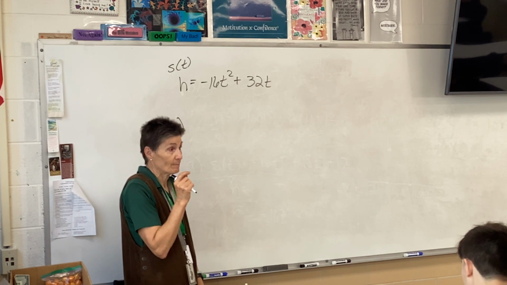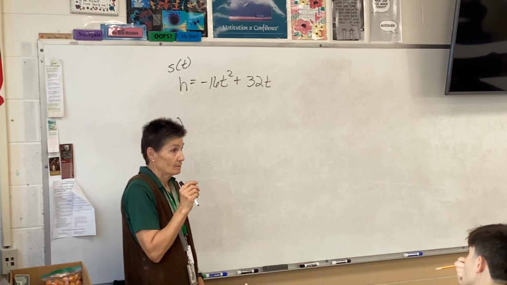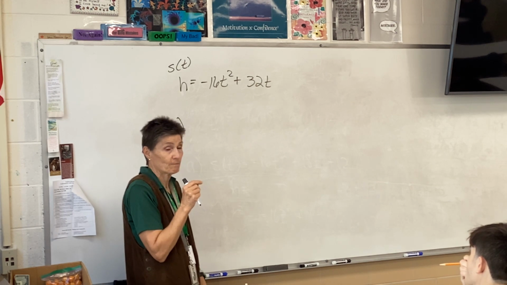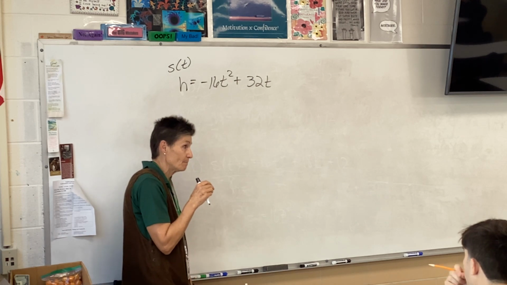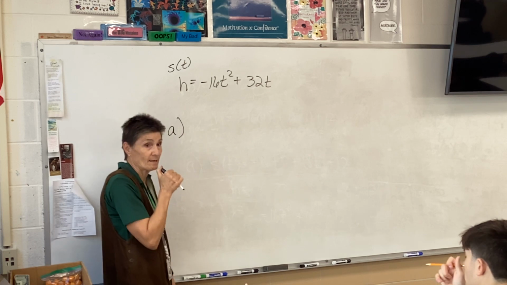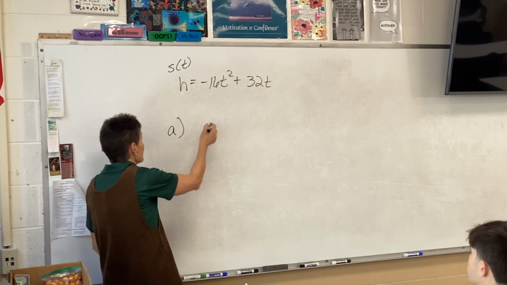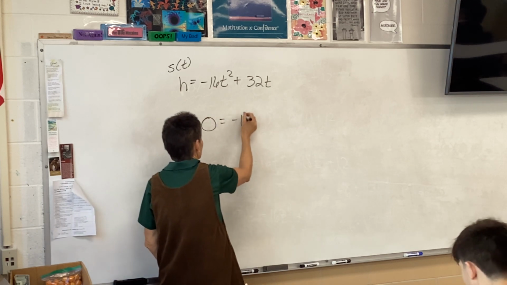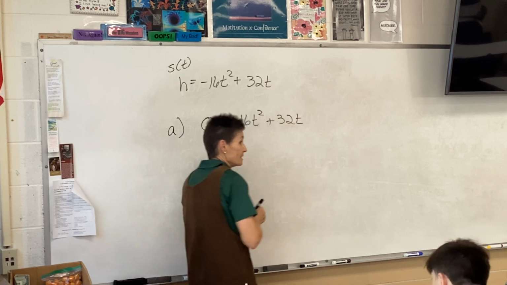Are you looking for a height or are you looking for a time? You're looking for a time, which means you must have a height to plug in. When does it hit the ground? What height am I plugging in? 0. So this equation is going to be 0 equals negative 16t squared plus 32t.